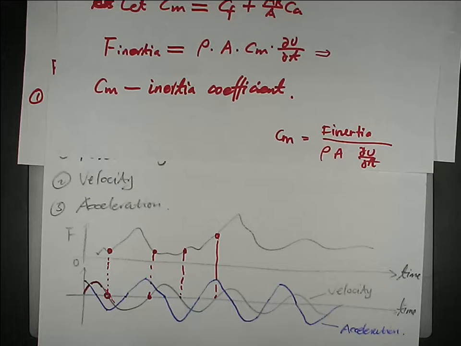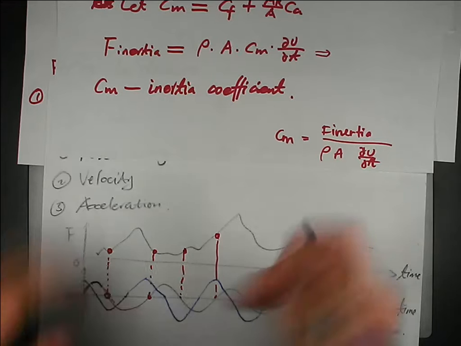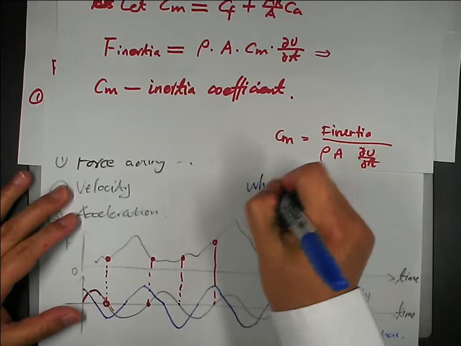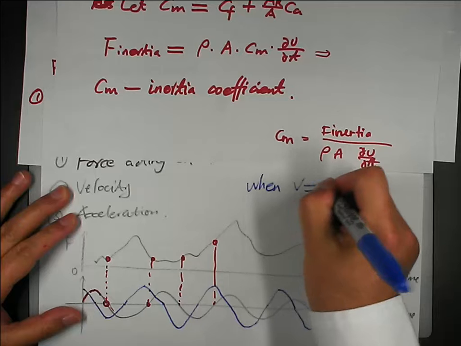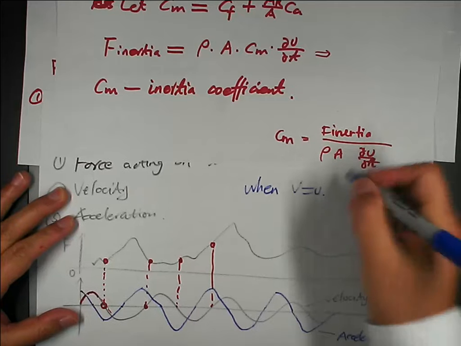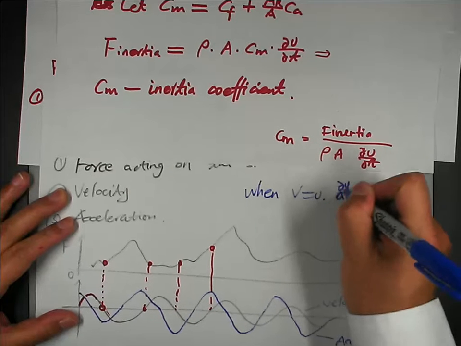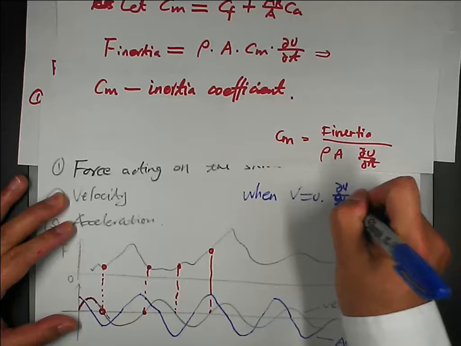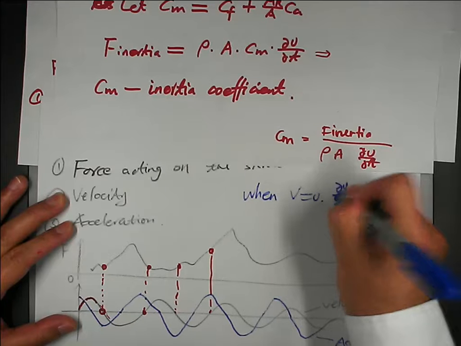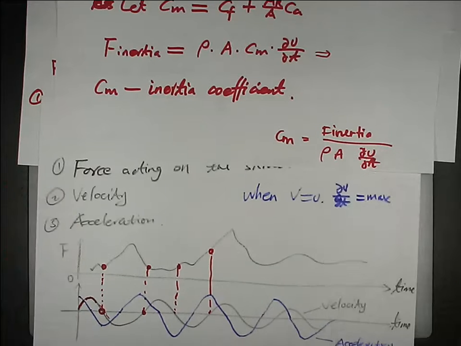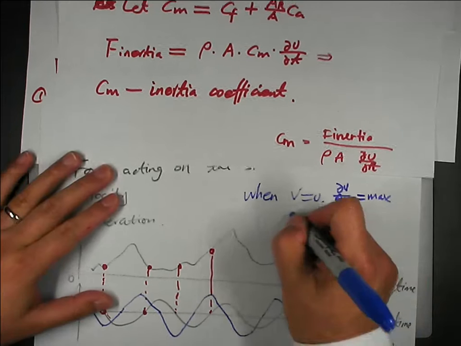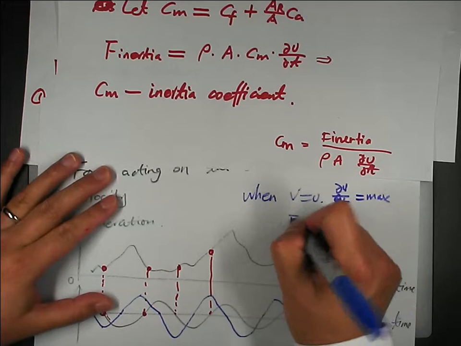So back to our point, the inertial force is when the velocity is 0 and the acceleration du/dt is maximum.